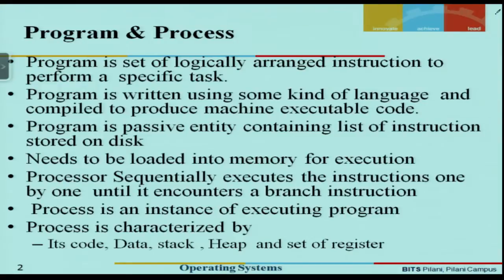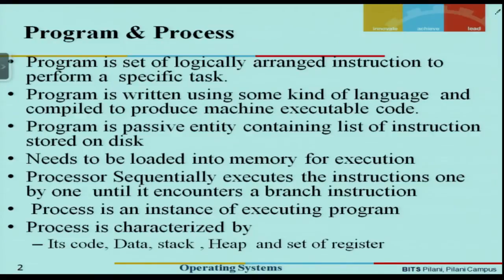A process is usually characterized by the code, also known as the text section of the program. Then the process would operate on some data, so there is a data section. Then the process might call a certain set of functions, so it would have a system stack, and the process also has a memory which we call a heap.